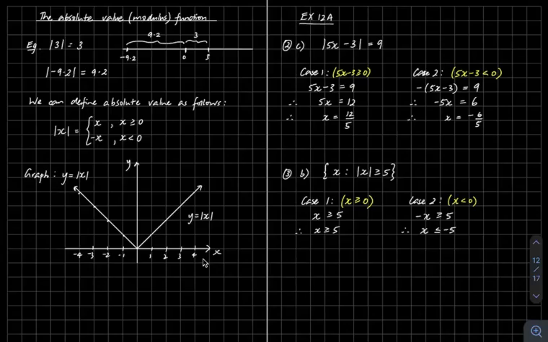And for these ones here, we want to show our solution set on a number line as well. So let's draw a number line here. Let's say there's 0. Let's put positive 5 there, negative 5 there. Now, from case 1, we're saying any value of x which is greater than or equal to 5.